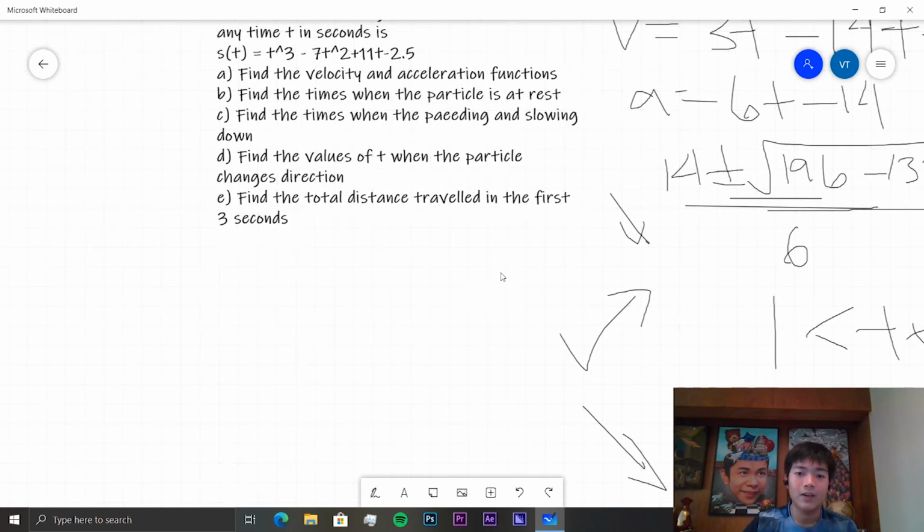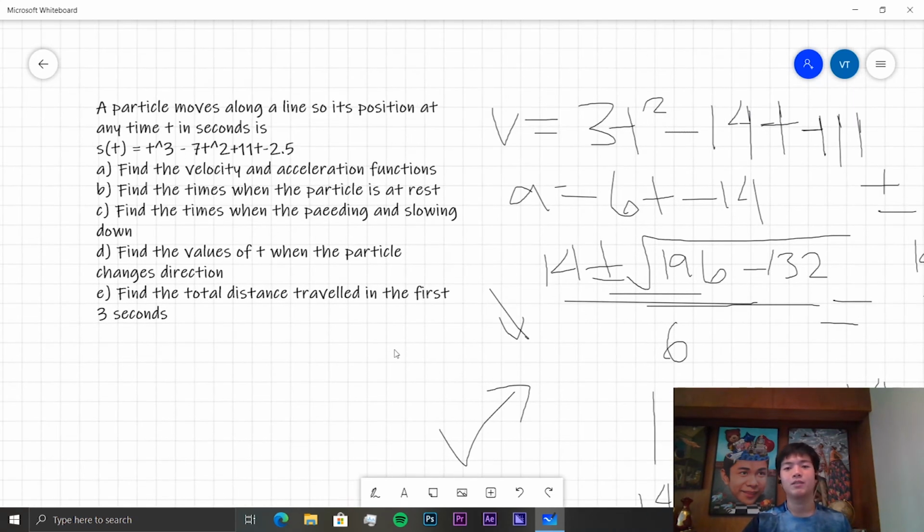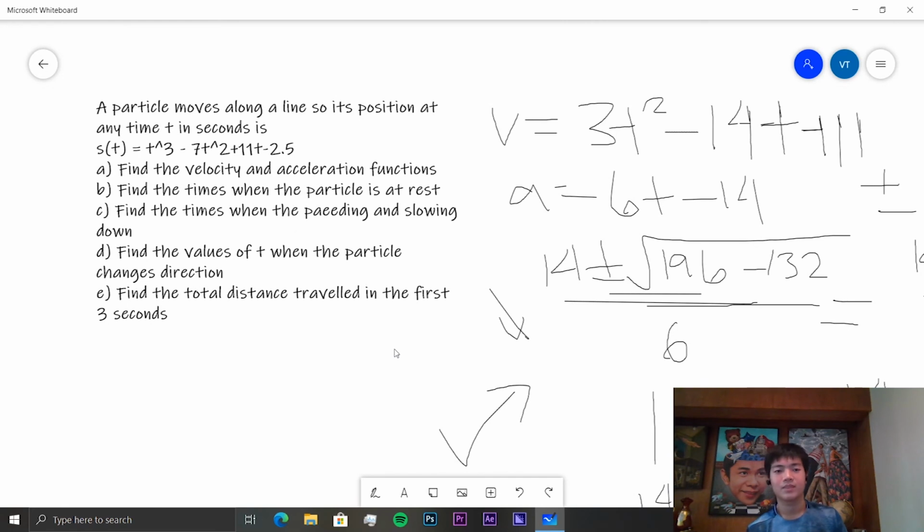And finally, find the total distance traveled in the first 3 seconds. So this is probably an interesting one. We know that there are 2 times where the particle comes to rest.